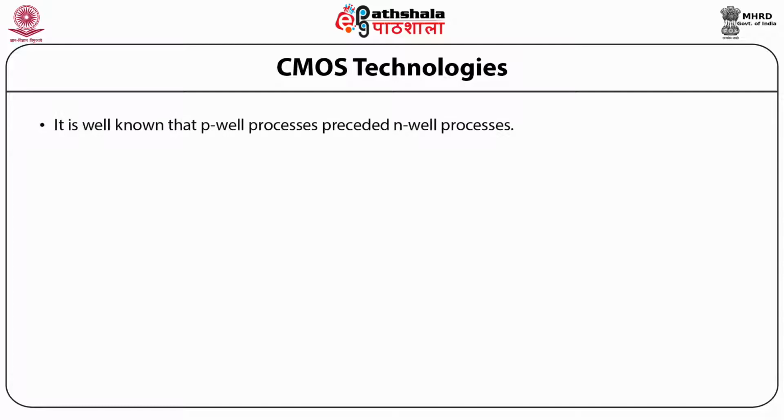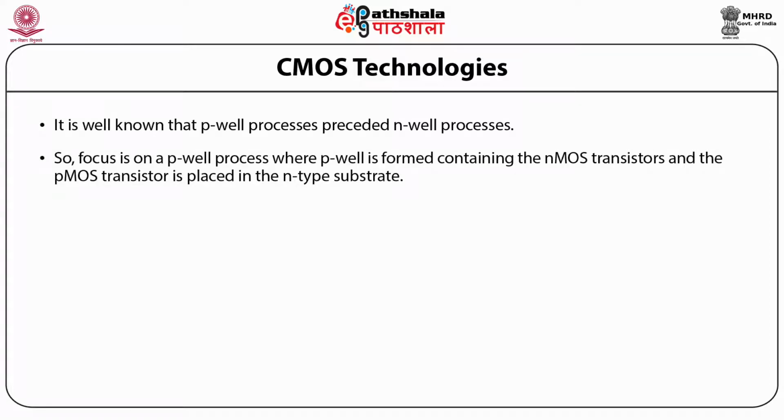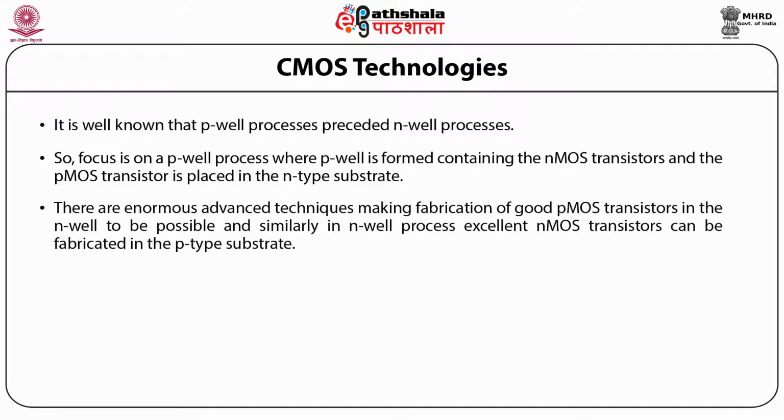It is well known that the P-well process precedes the N-well process. So the focus is on a P-well process, where a P-well is formed containing the NMOS transistors and the PMOS transistors are placed on the N-type substrate. There are enormous advanced techniques making the fabrication of good PMOS transistors in the N-well possible, and similarly, in the N-well process, excellent NMOS transistors can be fabricated in the P-type substrate.